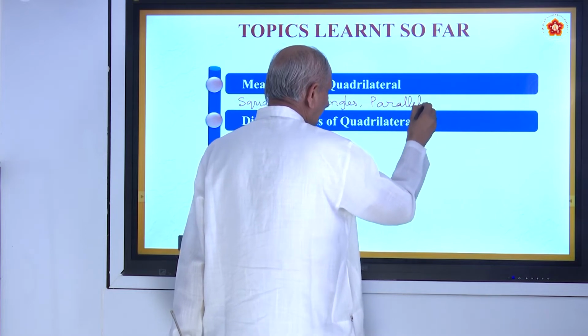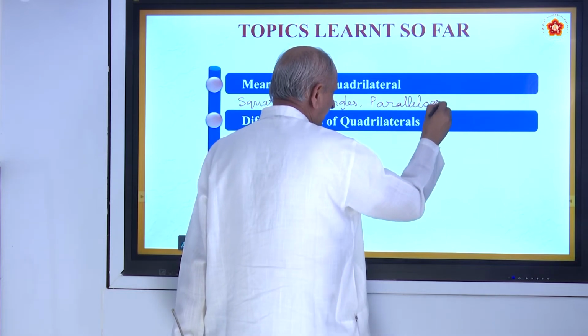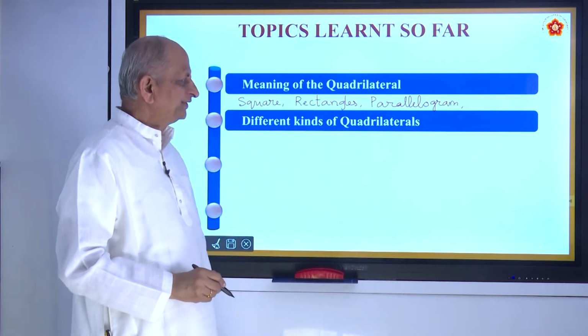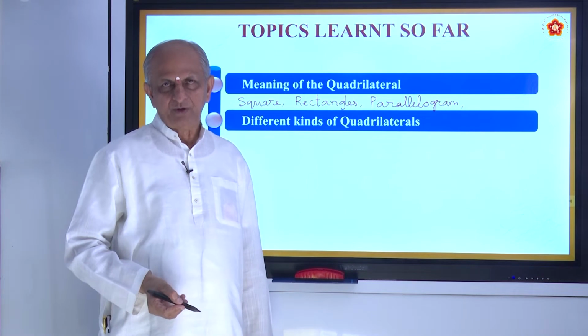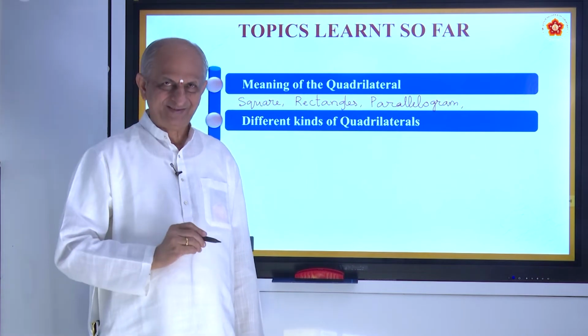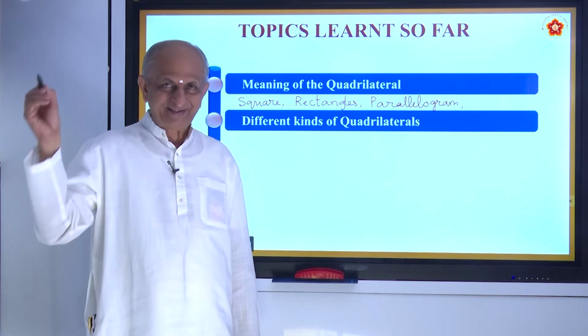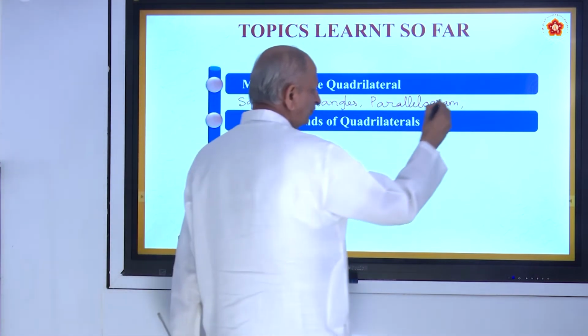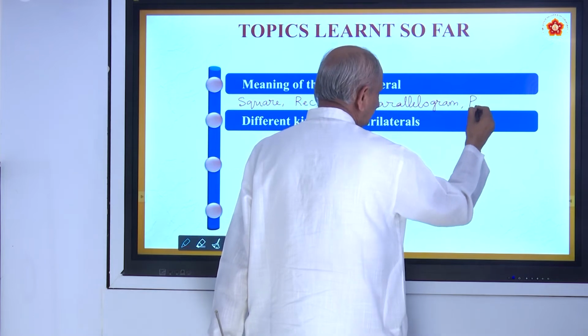As the name itself says, a parallelogram is a quadrilateral having opposite sides equal, opposite angles equal, diagonals bisect each other, and so on.